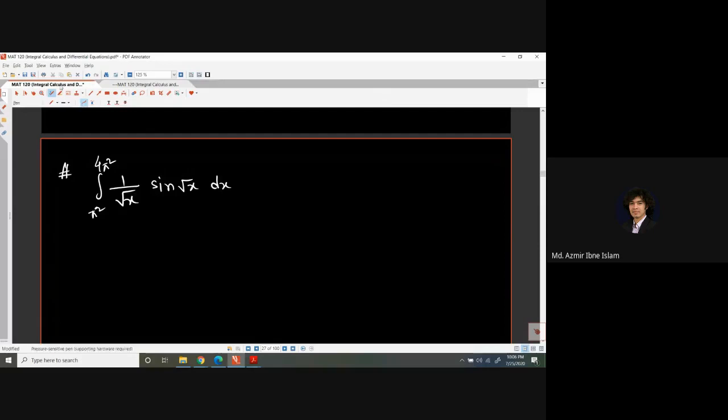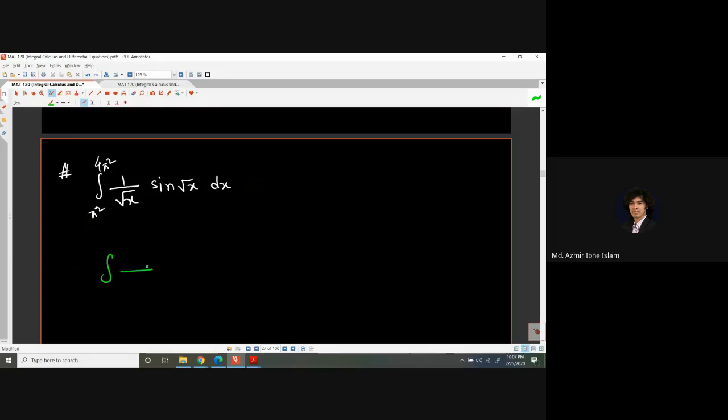This is a definite integral, because we have a lower limit and an upper limit involved. So at first, we can find the antiderivative for the respective indefinite integral.